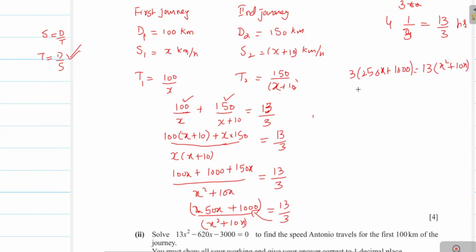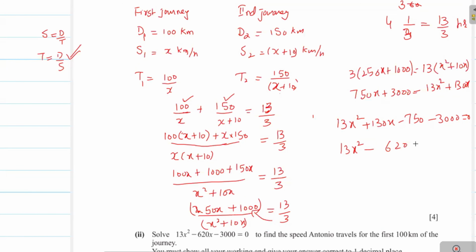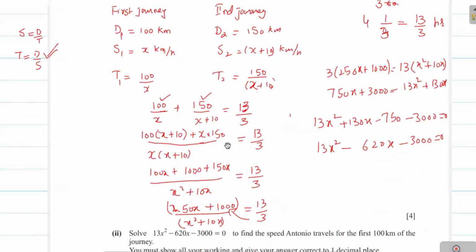We can write it as 750x plus 3000 equal to 13x square plus 130x, and then 13x square plus 130x minus 750x minus 3000 equal to 0. So 13x square minus 620x minus 3000 equal to 0. Hence, it is proved.